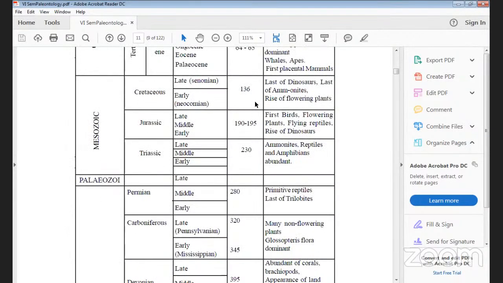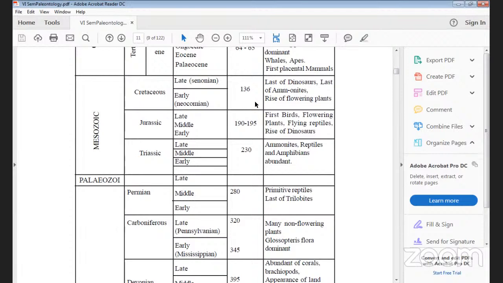The early Triassic consists of three: early, middle, and late. The age was 230 million years, and it contains ammonites; reptiles and amphibians are abundant here.